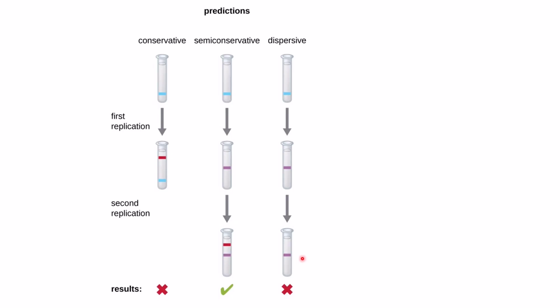But then there was a group of scientists who always believed that dispersive is a random method of replication, and after the second generation, it was quite possible that it would lead to two distinct bands. Hence, to prove this fact, Meselson and Stahl took the first generation DNA molecules and tried to distinguish the content of DNA between the semi-conservative and the dispersive models of replication.